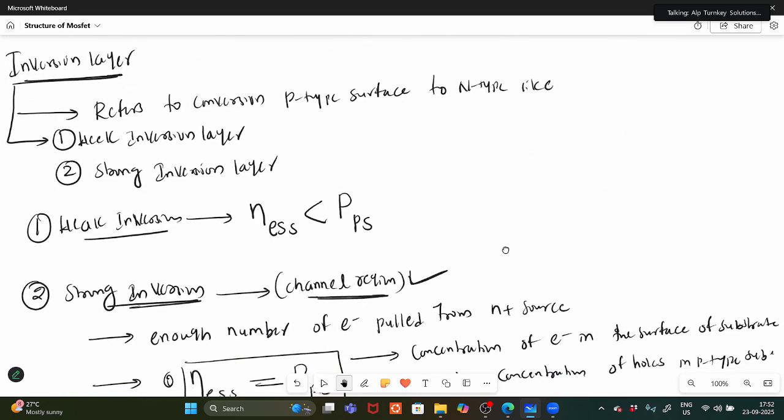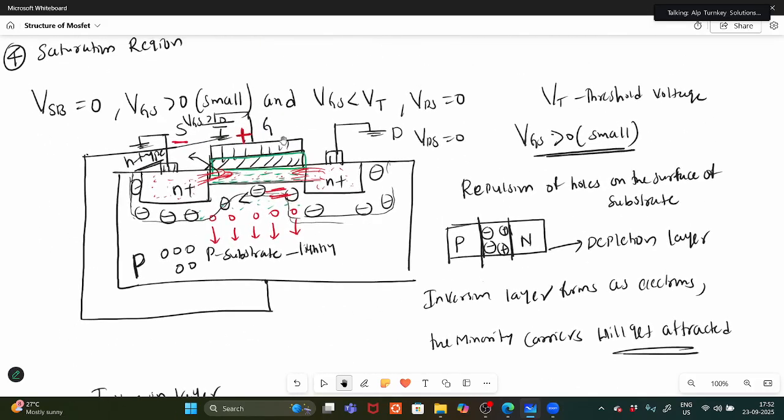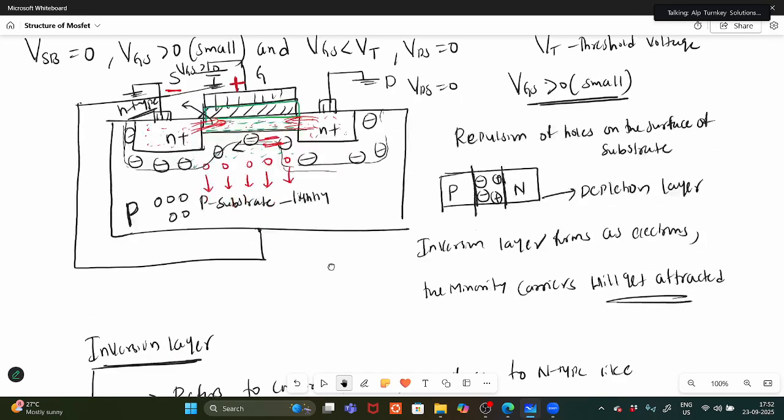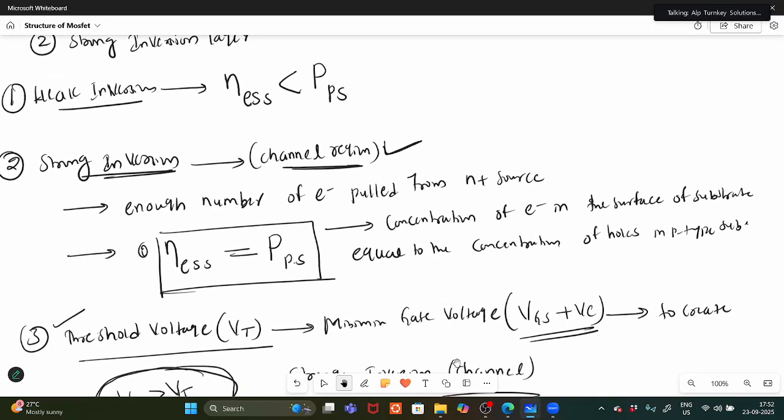Strong inversion layer or channel region is what happens if you increase the gate to source voltage more and more, more electrons will be pulled. Why? Because for the source we are applying negative voltage, so electrons will be pulled. So the number of electrons at the surface of the substrate becomes equal to the number of holes in the p-type substrate. Then we get a strong inversion layer, or channel region.